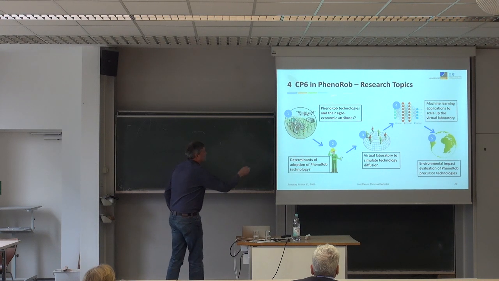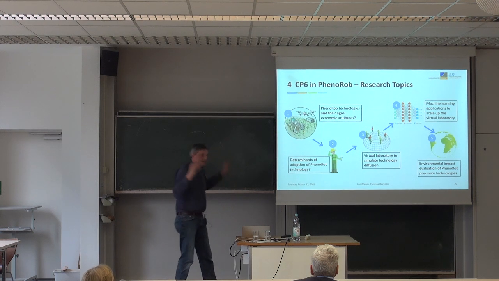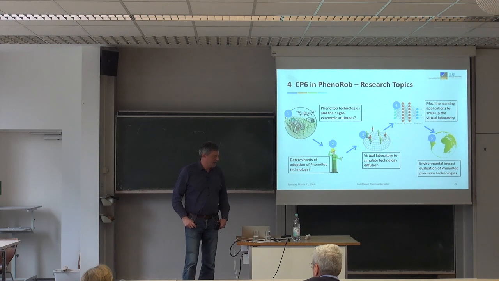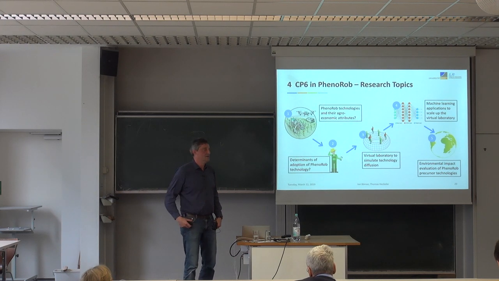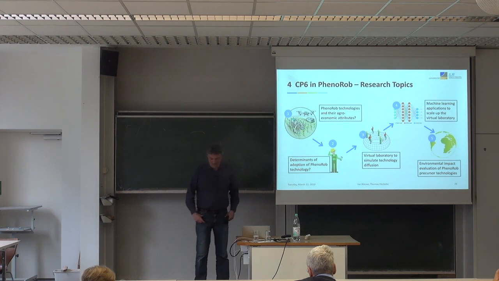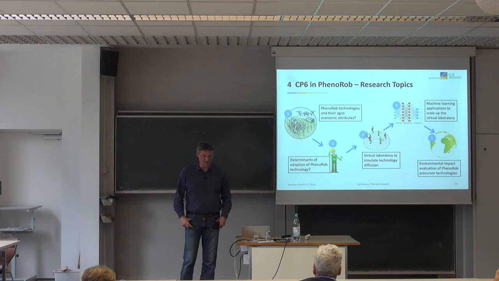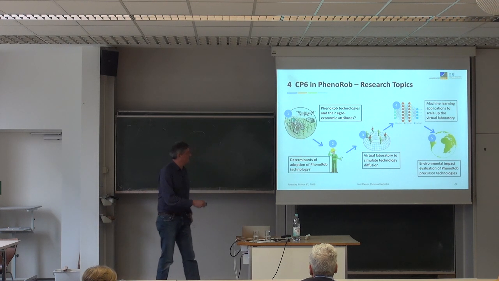Topic 1, PhenoRob technologies and the agroeconomic attributes. I will come back to that in a moment. This idea here, and that will be led by Jan, is really to have a larger concept paper where everybody is involved, and also to serve as sort of a coordination and communication hub for other things to come.